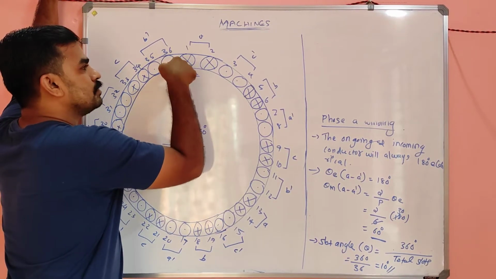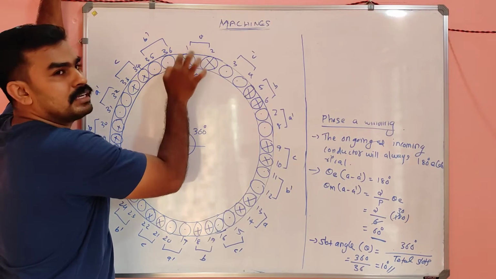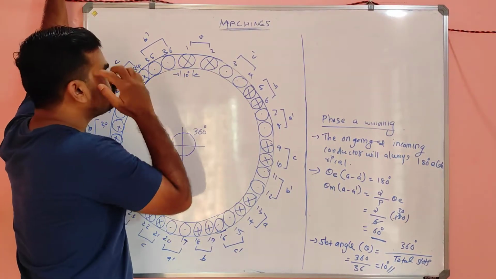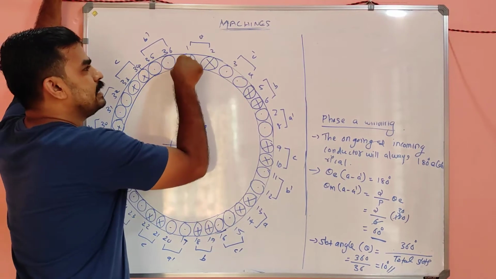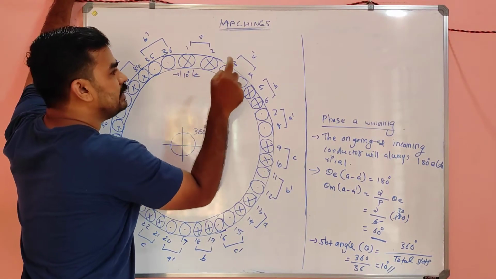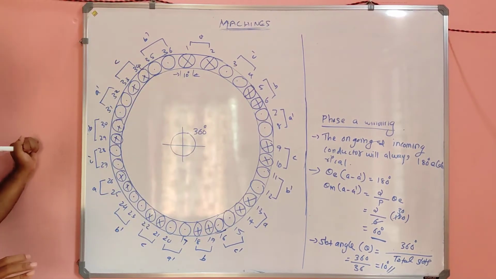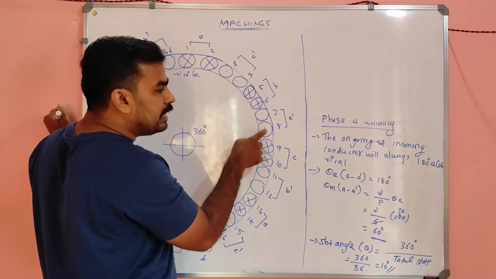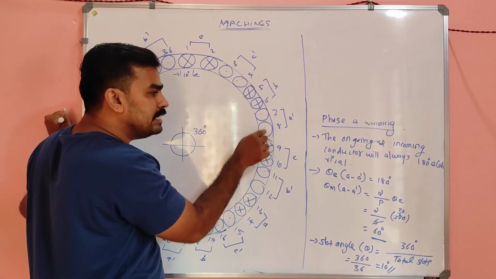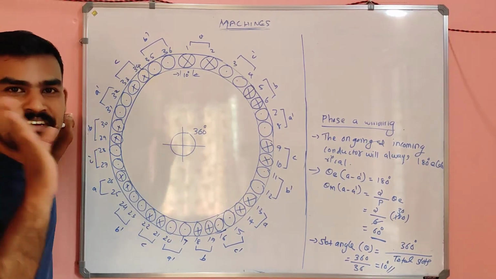So for the degree calculation, you have to take care of one thing. The incoming slot you do not consider when calculating the degree. After the incoming slot, you start measuring 10, 20, 30, 40, 50, 60. And the outgoing slot also you can't measure in terms of degree.